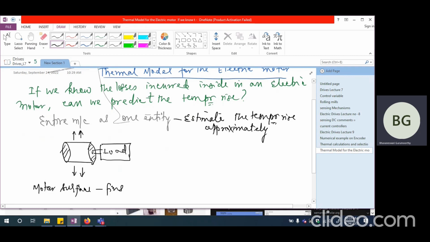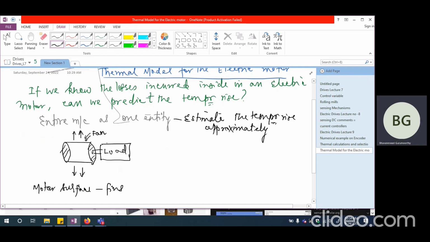You may not be able to circulate any air, whereas we may be able to have a fan to blow cold air on the surface area here. So the fan would be able to cool the surface area much more easily in a motor.